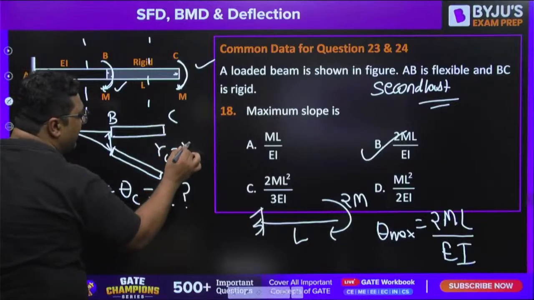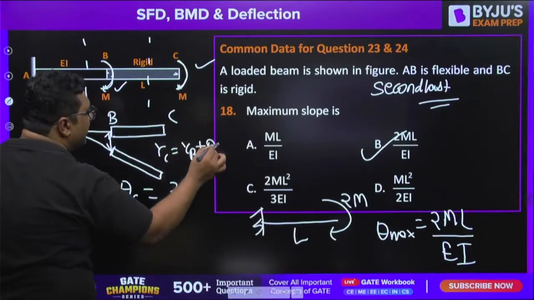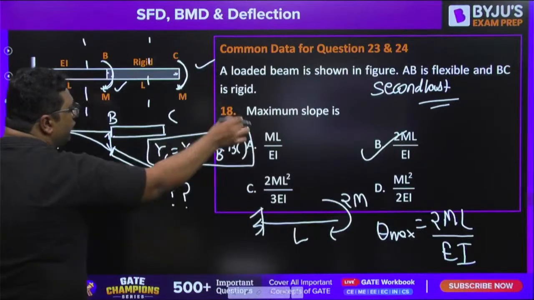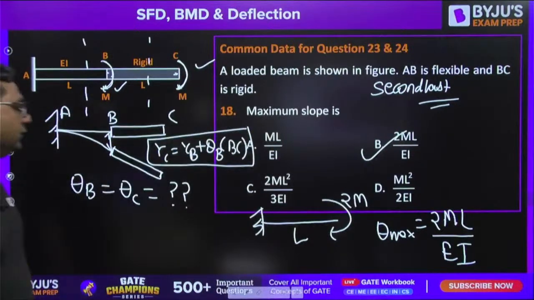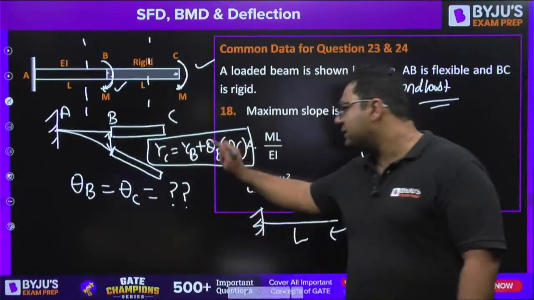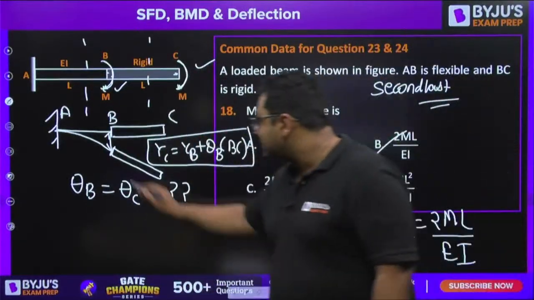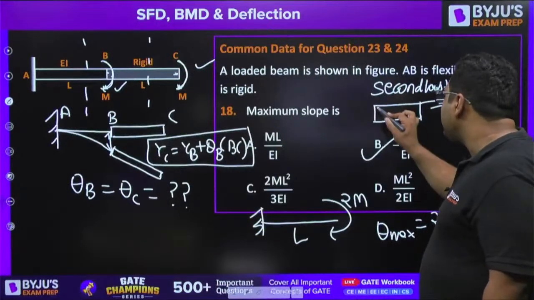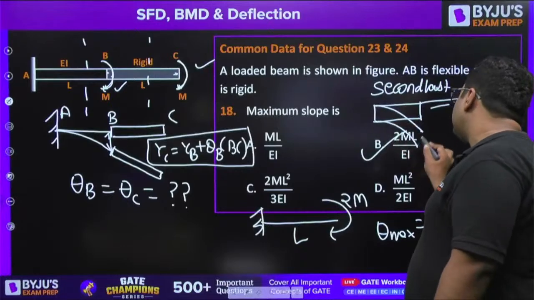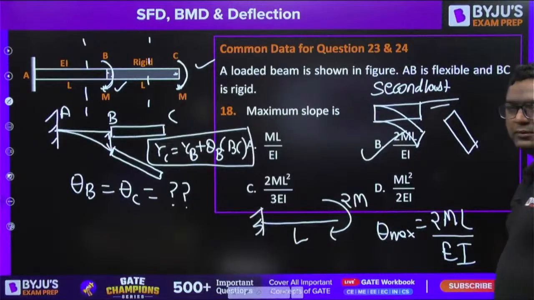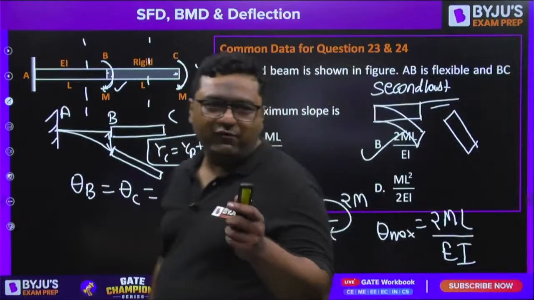Deflection at C will be deflection at B plus theta at B into BC. Is it clear, Utkarsh alias Gajodhar? Deflection at C is deflection at B plus theta at B into BC, because this rigid part cannot deflect like that, but it can rotate like that. Is it clear for everyone?